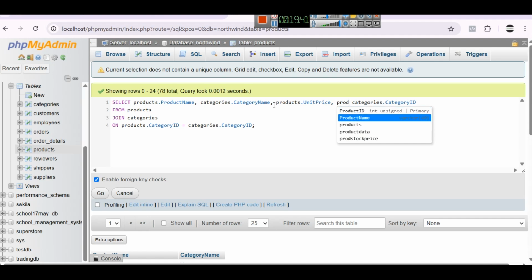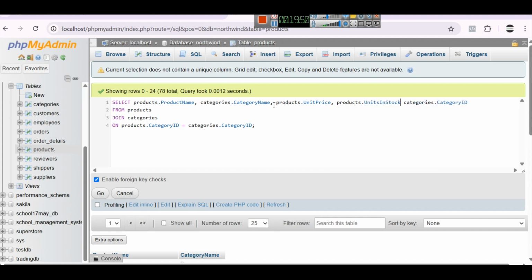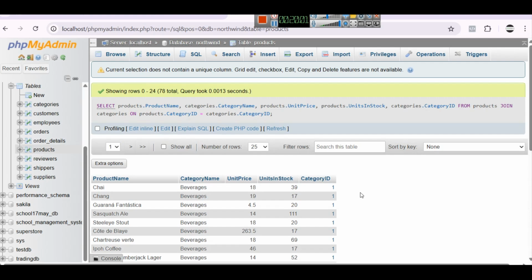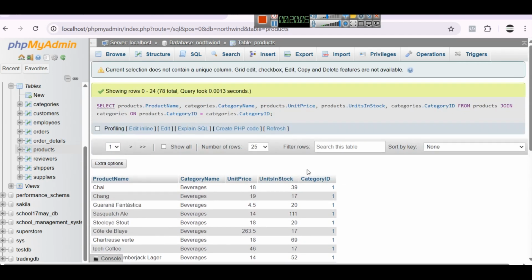So basically whatever you want to select from the first table, you can add, like unit price, units in stock, whatever you want to put in your select statement. And whatever you need from the categories table, you can do that. So let's see. Now can you see? We know that category ID 1 belongs to Chai, and now it will arrange everything like this.